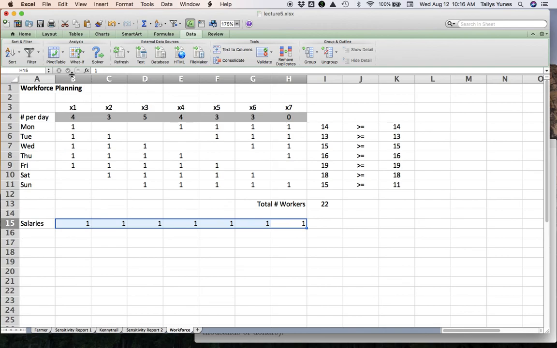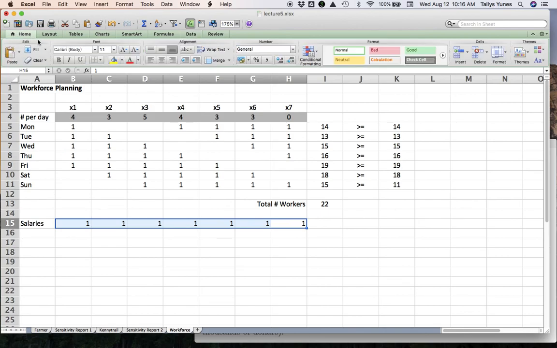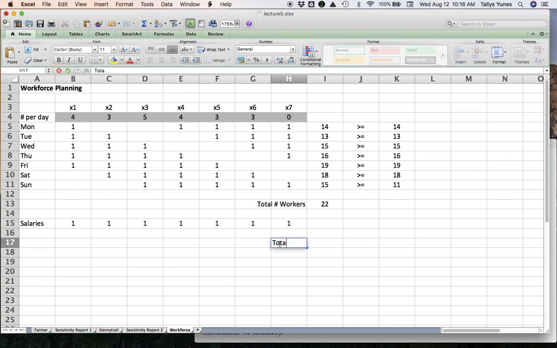So right now, let's say if everybody made $1,000 a week, right? I could make a total salary cell, right? By doing a sum product of how many people are working each day, or each work week type, right?